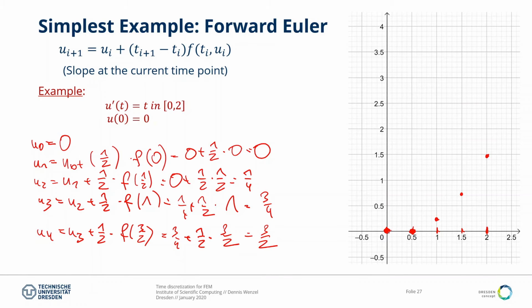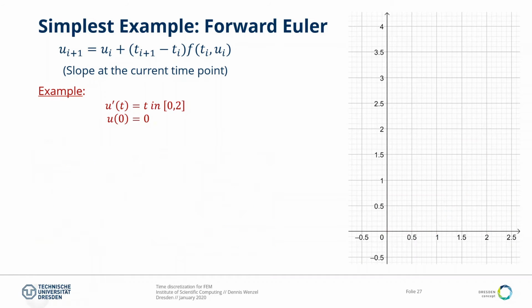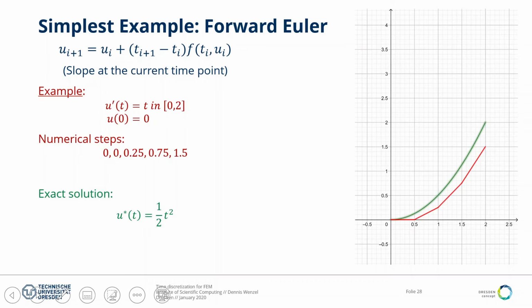And then I could do a linear interpolation, and I could just say, okay, my solution behavior looks somewhat like this. And if I compute the exact solution, which is of course pretty simple in this case, that's 1/2 times t squared, and I compare my numerical solution with the exact one, then you can say, okay, this is not perfect, but it's good enough, and it kind of works.